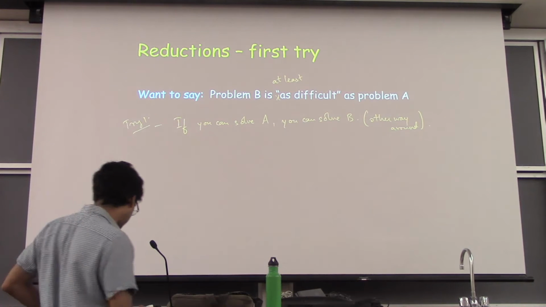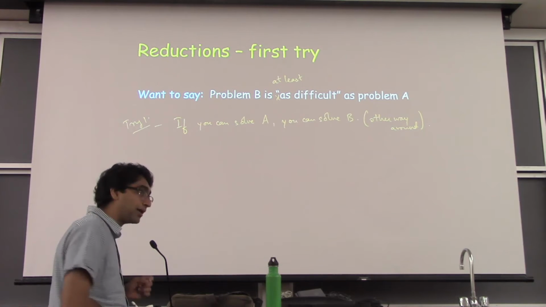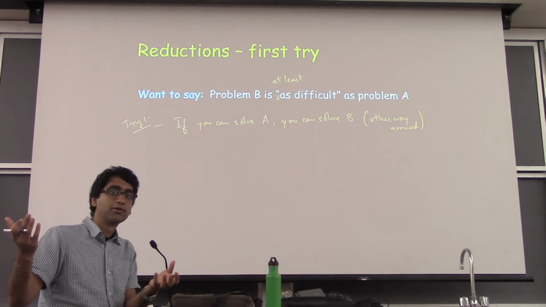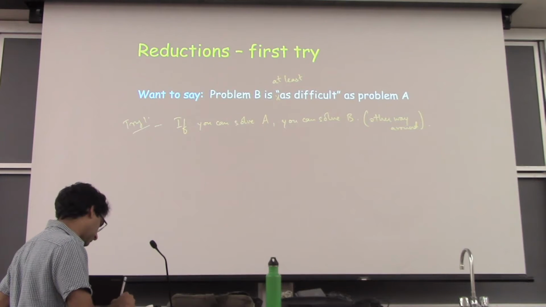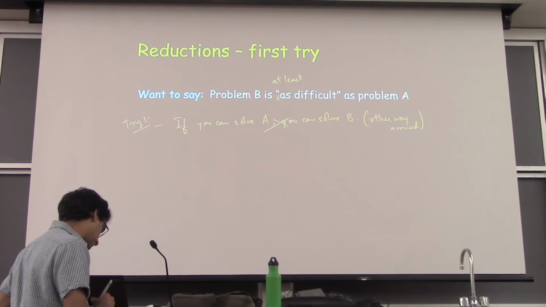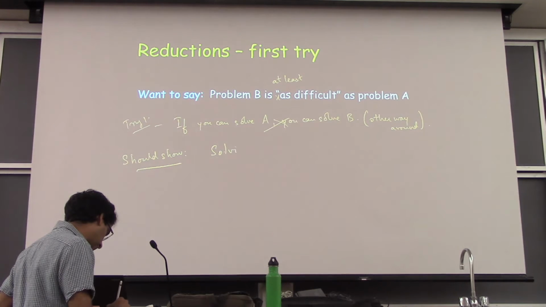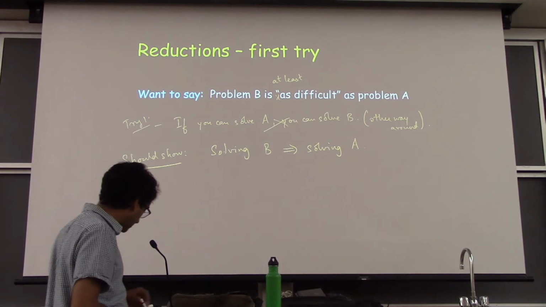So if you want to show that problem B is at least as difficult as problem A, we are saying that B is harder than A, which means that if you can solve B, you should be able to solve A. So we should show that you can solve A. And what does this mean formally?